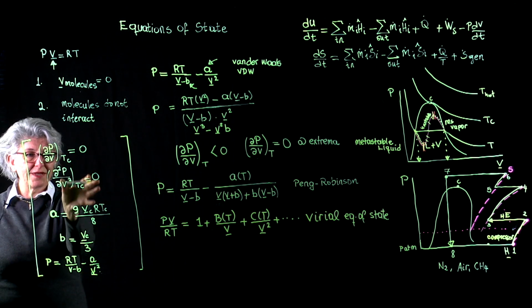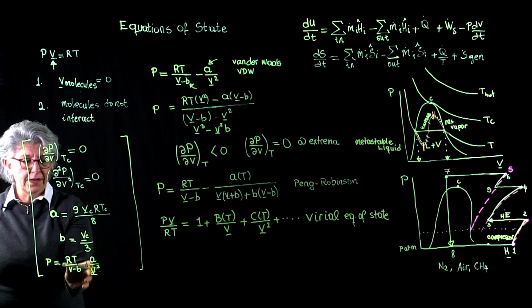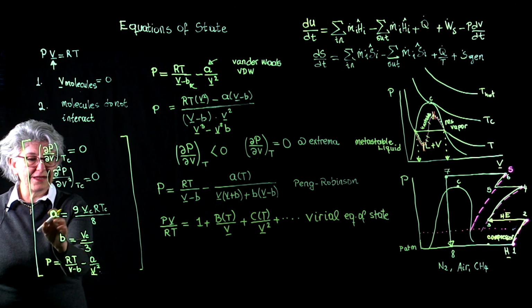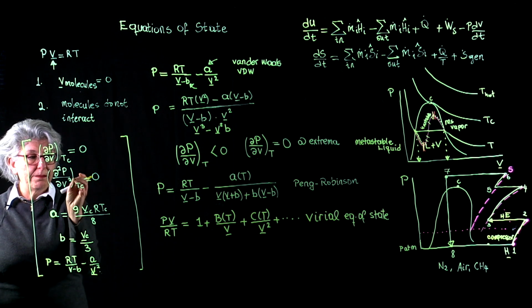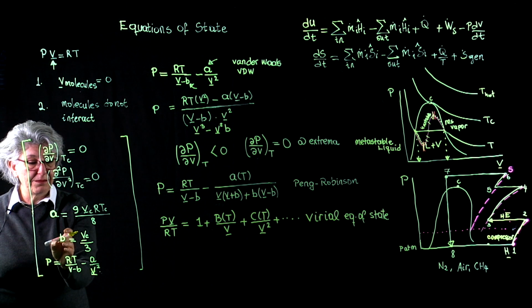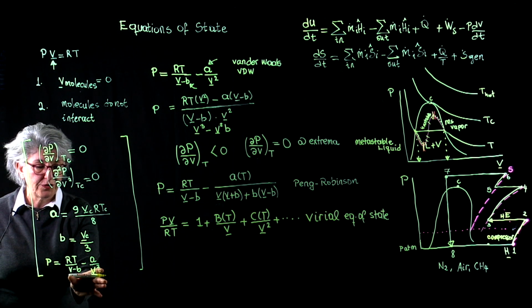Perform this exercise. It's instructive to obtain these constants from the van der Waals equation of state. But be careful, those A's and B's are only valid for the van der Waals equation of state.